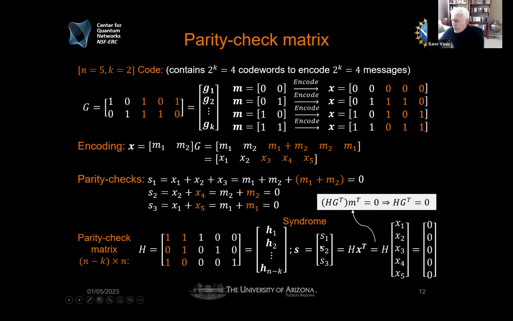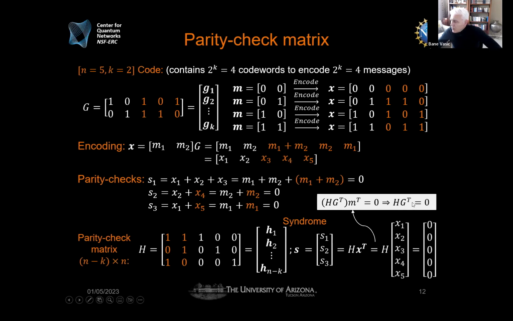So what we can see is that since a code word is obtained by multiplying M and G, and I know that the parity-check matrix times X transpose must be 0 for any message vector M, then we have a condition that H and G transpose is 0.